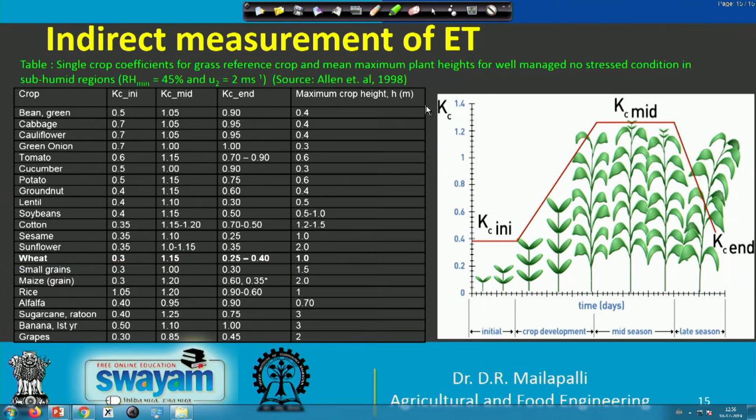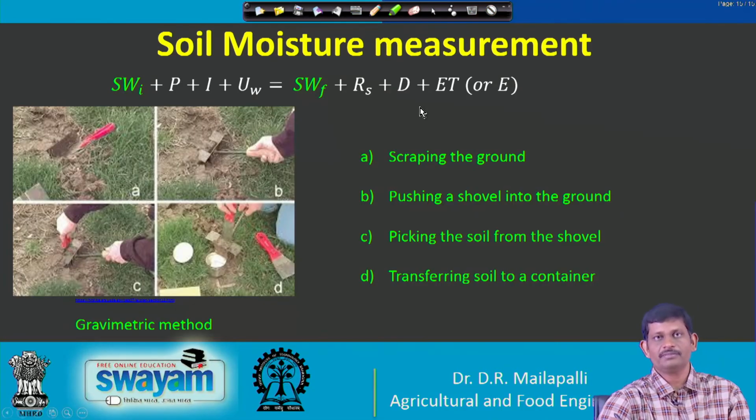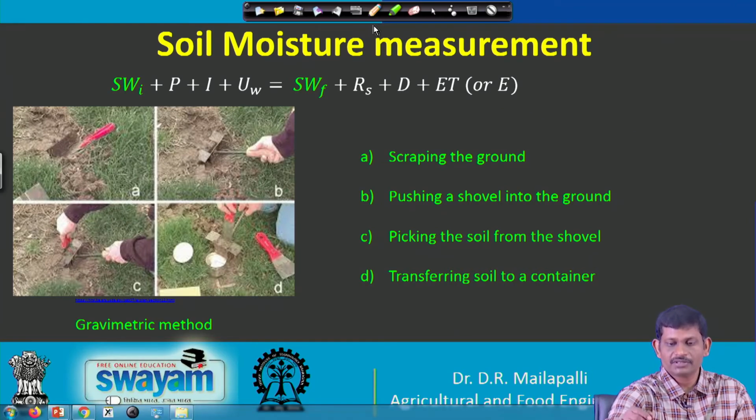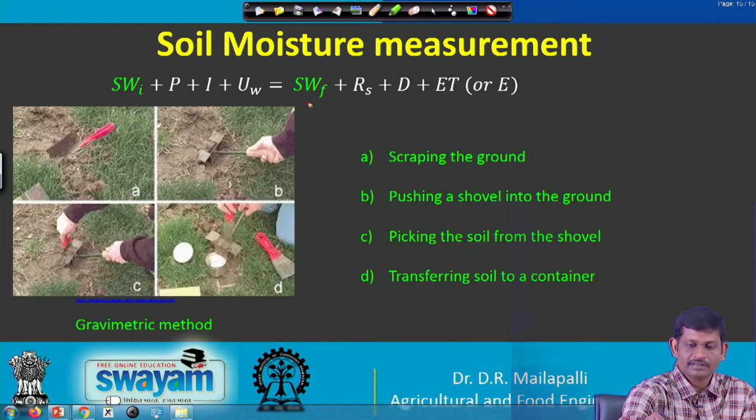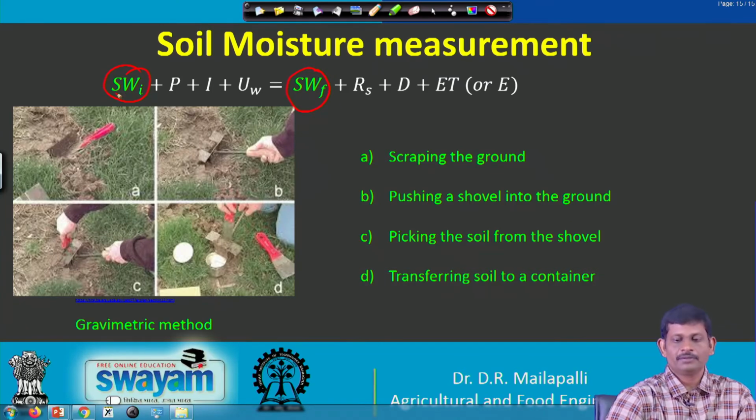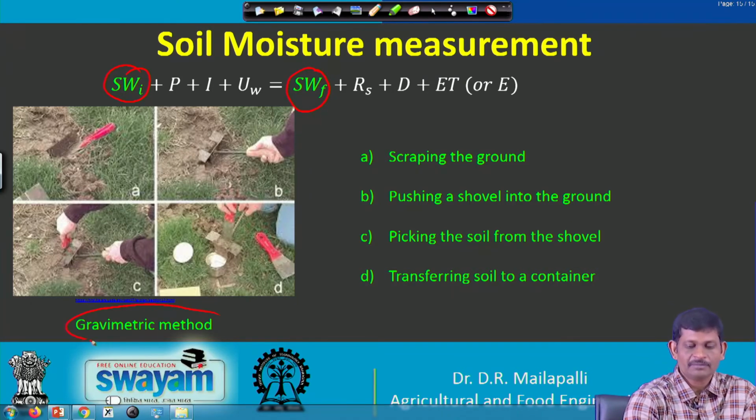The next topic is soil moisture measurement. If you see in the equation, this is the final and this is the initial. The most basic method we follow is the gravimetric method. In this, first we scrape the land, then shovel it, get the soil, and collect the soil in a container.